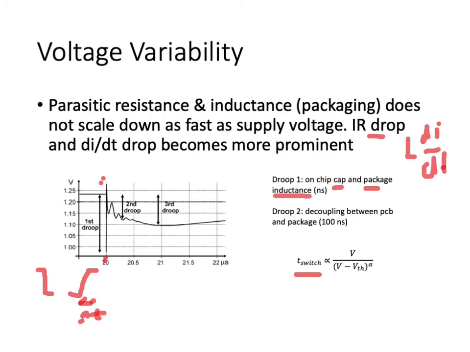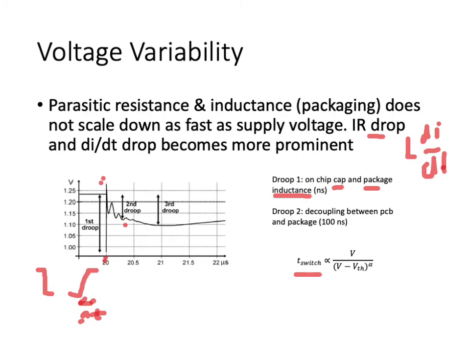And then there's a second, smaller voltage droop on the order of about 5 to 10%. This is actually due to the parasitic inductance and resistance on the electronic board. That is the connections on the PCB to the chip package, and the coupling capacitors help to mitigate some of these issues.